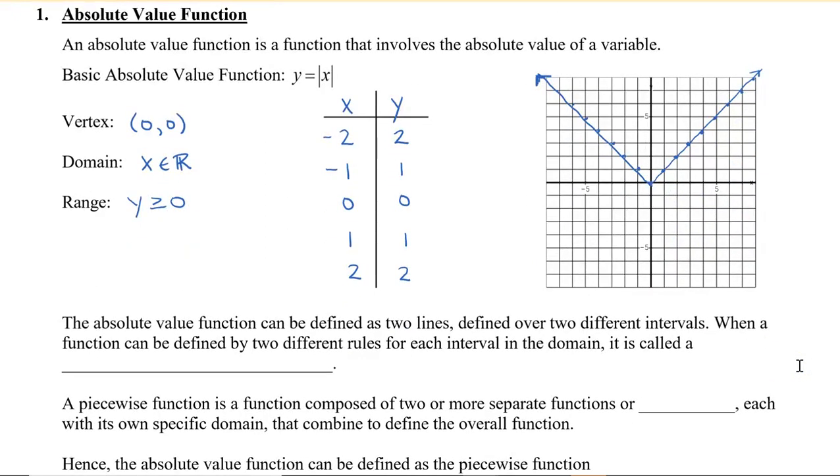Now, the absolute value function can be defined as two lines. So if you take a look, we can see a left line and a right line, a negative sloped line and a positive sloped line. And we can define these over two different intervals. So when a function can be defined by two different rules for each interval in the domain, we call this a piecewise function.